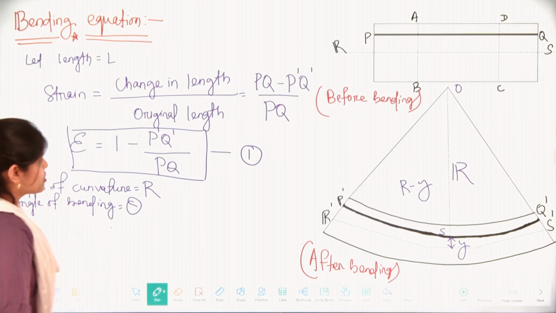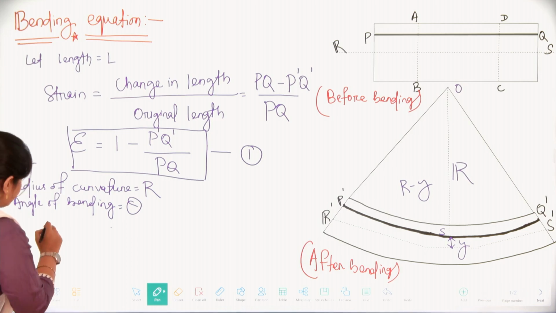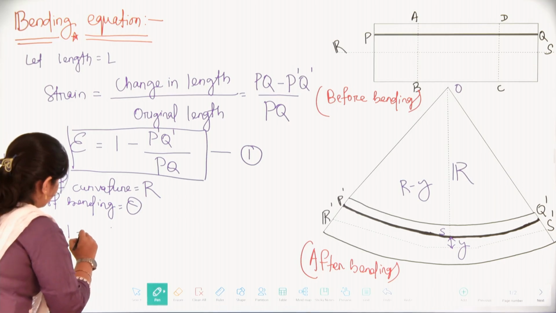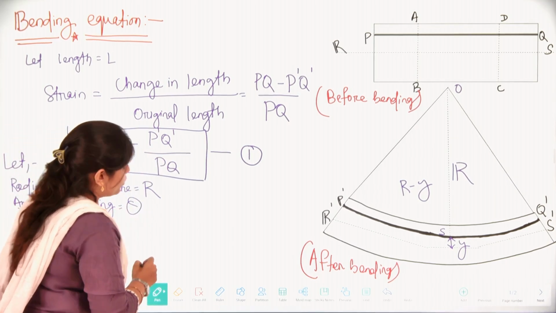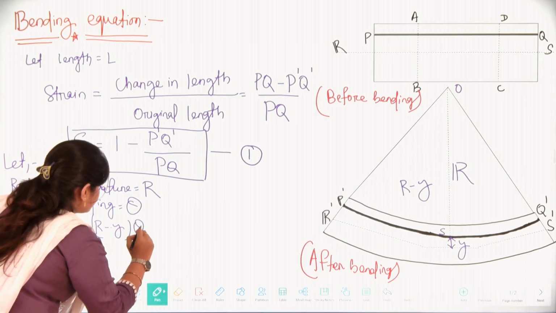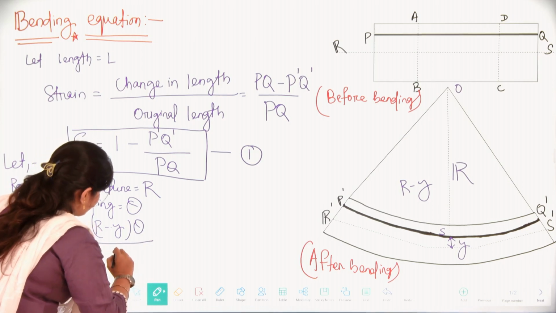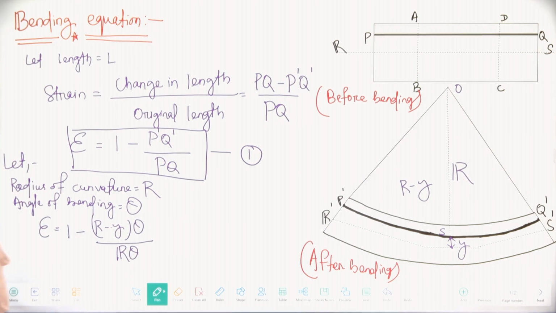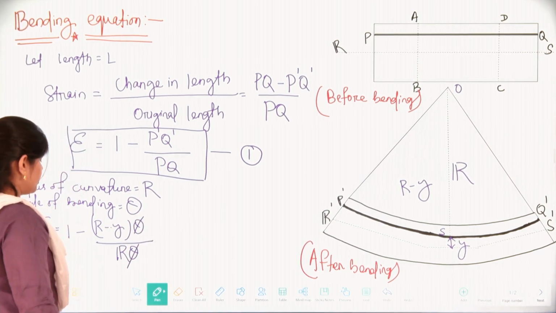Now the equation will be: strain equals 1 minus P dash Q dash, which is written as R minus y whole into theta, divided by R into theta. We can cancel theta with theta.